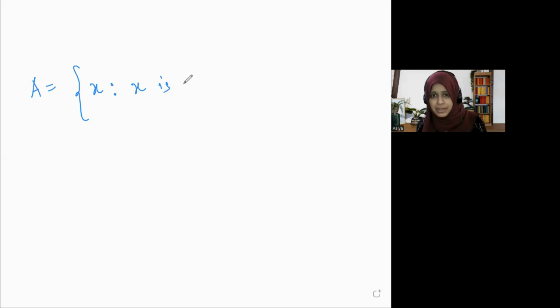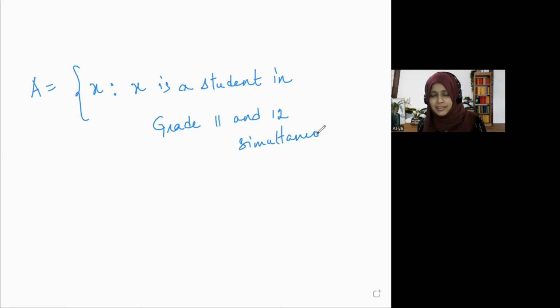x is a student in grade 11 and 12 simultaneously. Is this possible? Or I can write it as x is a student of grade 11 and 12 in the year 2004.